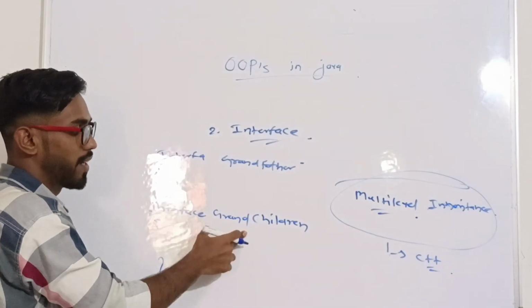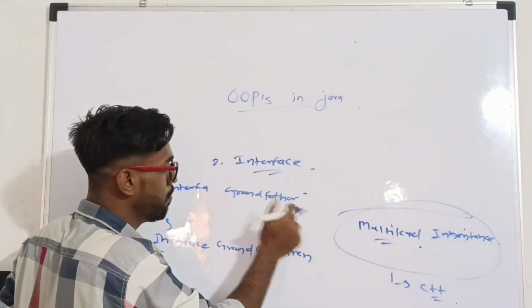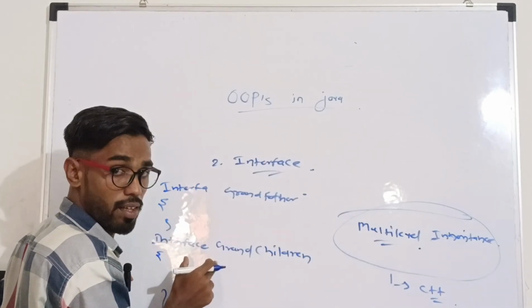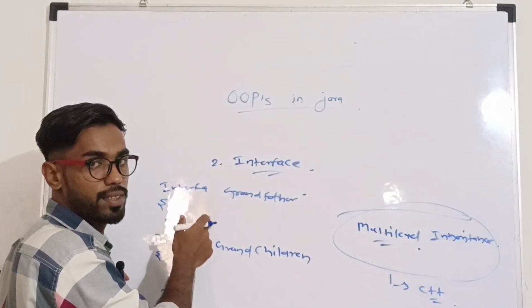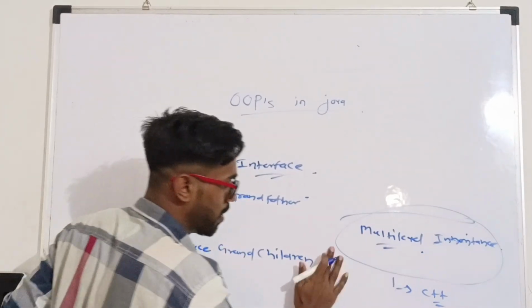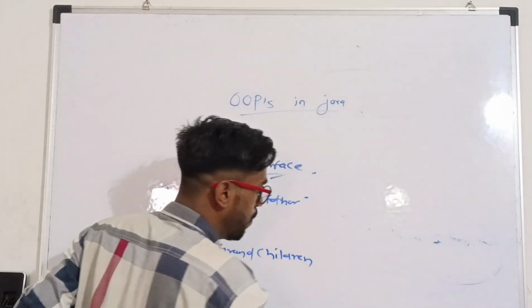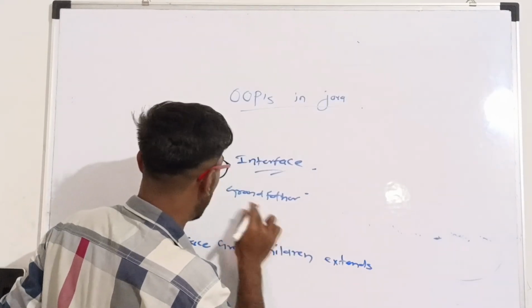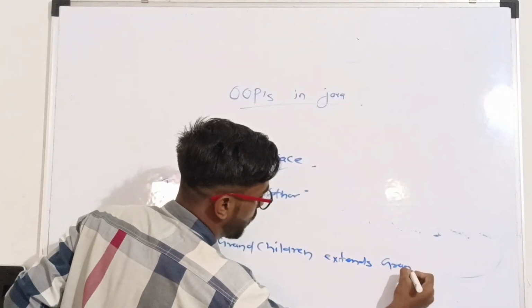So the grandchildren interface can implement, not implement. When one interface inherits another interface, we use the keyword extends. So here we use the keyword extends, extends the grandfather.